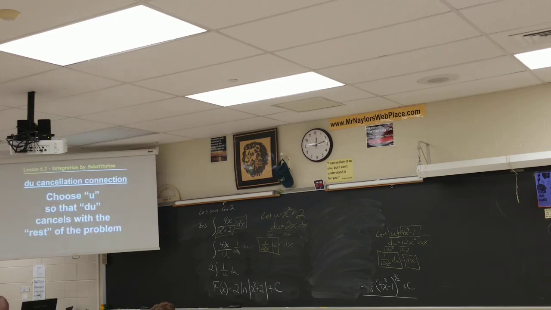When you get this, you're going to understand that you always choose u so that du cancels with the rest of the problem. You'll realize that you can do the substitution steps 1, 2, 3, 4, but it's about choosing u. And I want to keep helping you understand this so that du will cancel.